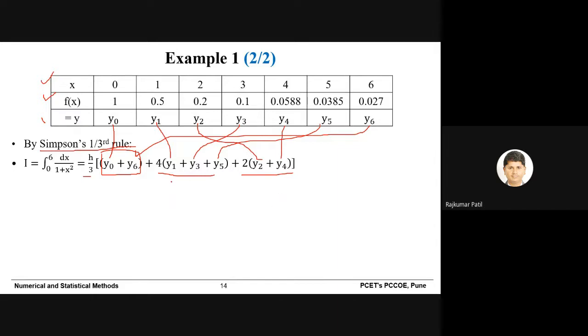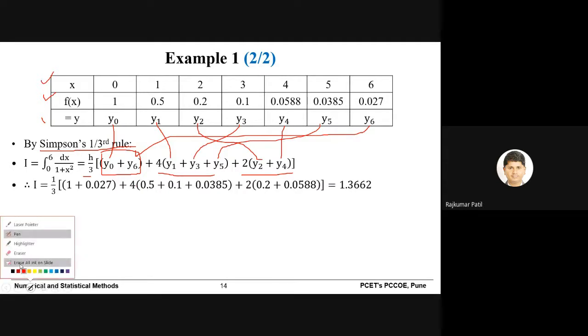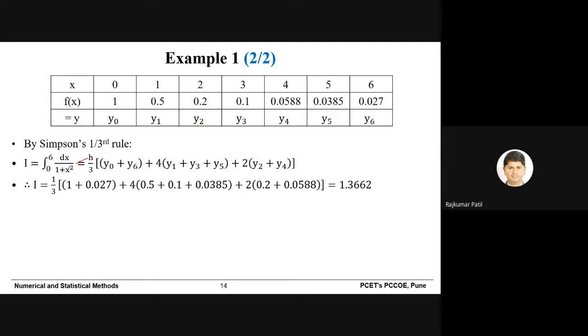First we need to write down the equation and then put in the values. So h is 1, y0, y6, y1, y3, y5, y2, y4.